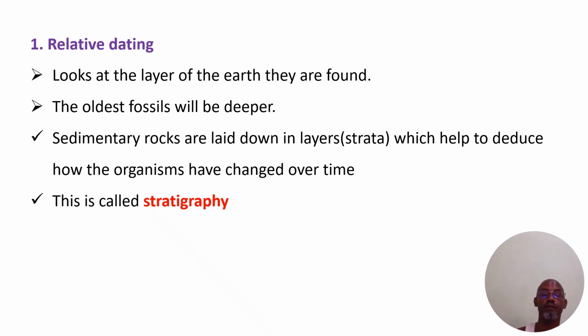In these layers, the different layers contain different fossils, and these layers of fossils or sedimentary rocks are known as stratigraphy.